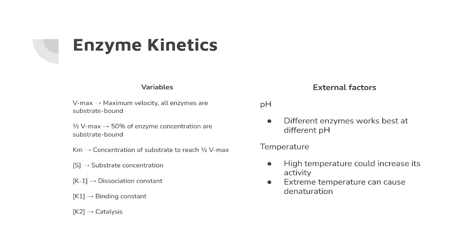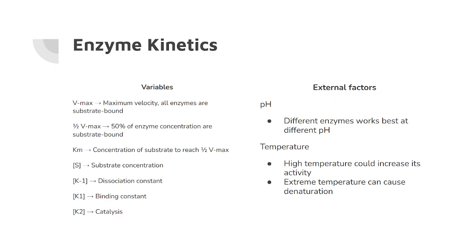And half of Vmax can be measured through Km, which is the concentration of substrate that is needed to reach half of Vmax. And S bracket is the substrate concentration used to form these enzyme substrate complexes. And these K values here, the first one being K minus 1, is the dissociation constant.